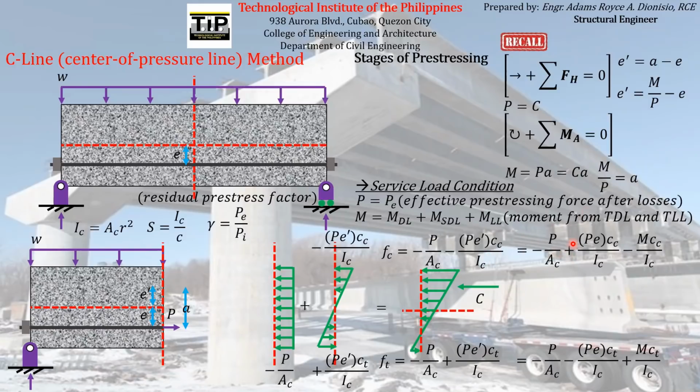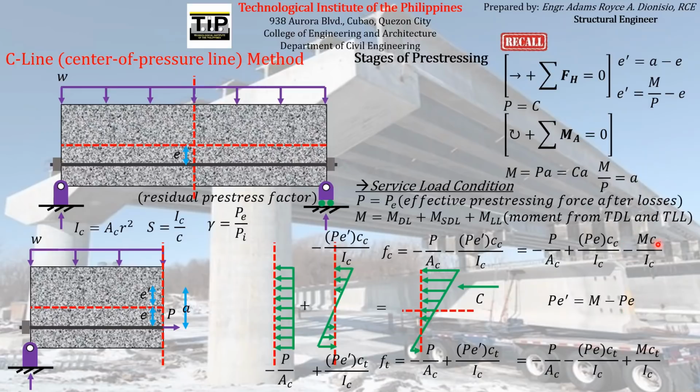If you put your attention on this equation, e prime is equal to M over P minus e. If we rearrange this and multiply the whole equation by the magnitude P so that we can remove the denominator, we will have this expression: P e prime is equal to M, because the P will be cancelled, minus P e. So the P e prime here is just equal to M minus P e.